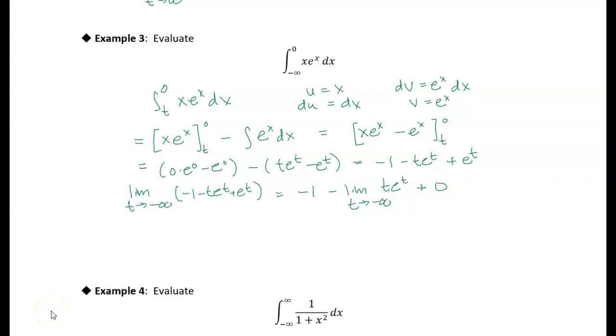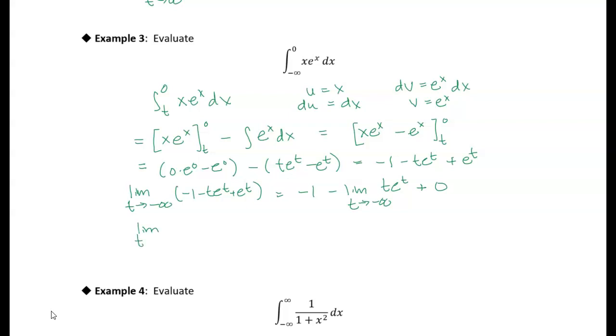If you look at this middle term, when t goes to minus infinity, the t goes to minus infinity, of course, and then the e to the t goes to 0. So we have this kind of infinity times 0 thing going on, so we have to rearrange it. Then we can apply L'Hopital's rule.